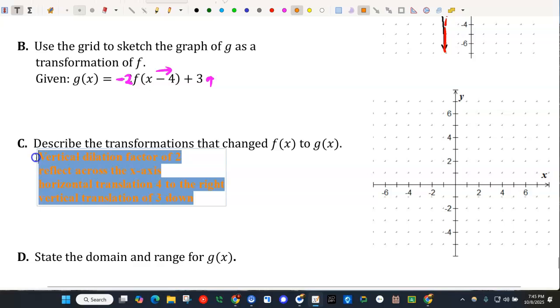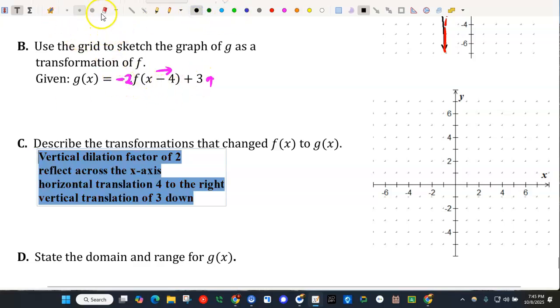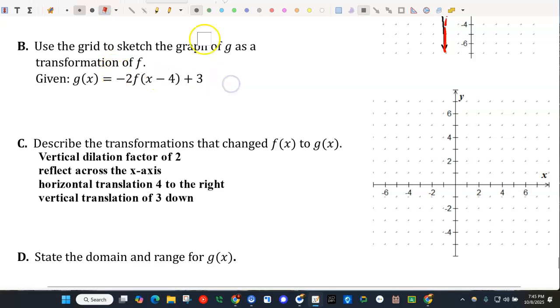So let's make this that color, and what we're going to do is go through and highlight these and match them up, make it a little more obvious. My vertical dilation right here comes from this 2.